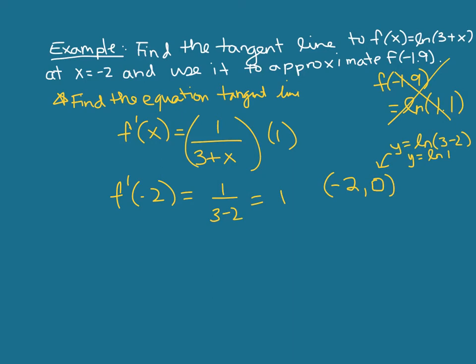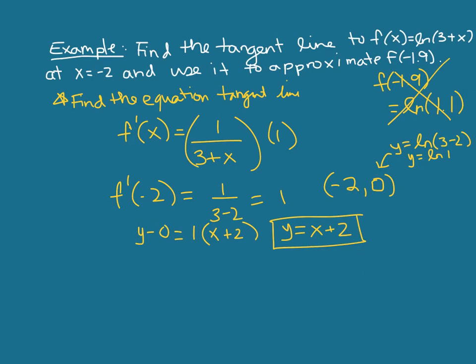So we know the point (-2, 0) is on the line. So if we end up working out this equation, I'm going to go ahead and use point slope form. And you'll find that this one's actually not that bad at all to write in slope intercept form. You should probably simplify this one. We get that our tangent line is y equals x plus 2.